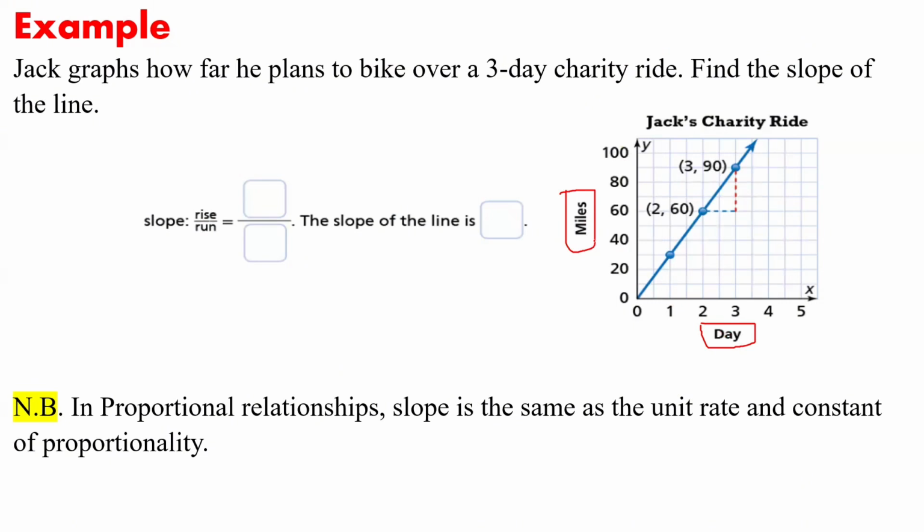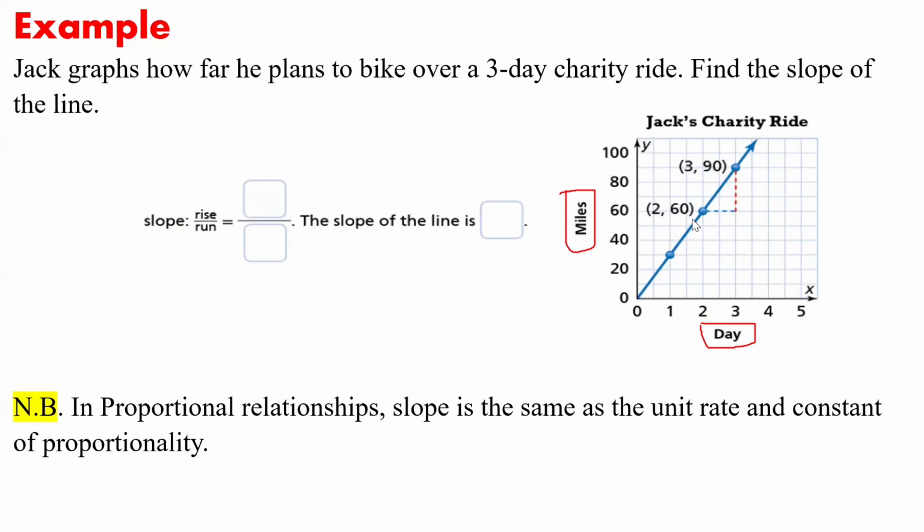Before we calculate the slope, we should have an idea what our slope is going to look like, whether it's going to be positive or negative. How do we know that? We look at the line. If that line is trending upwards, that means our slope is going to be positive.